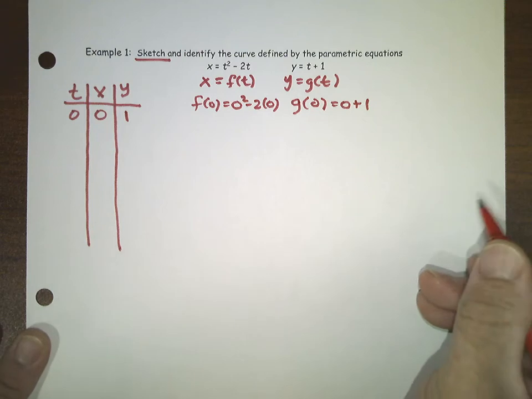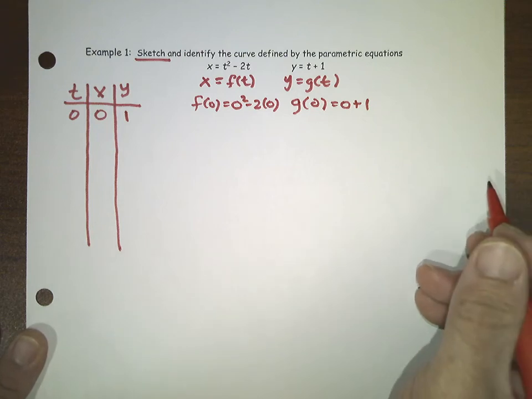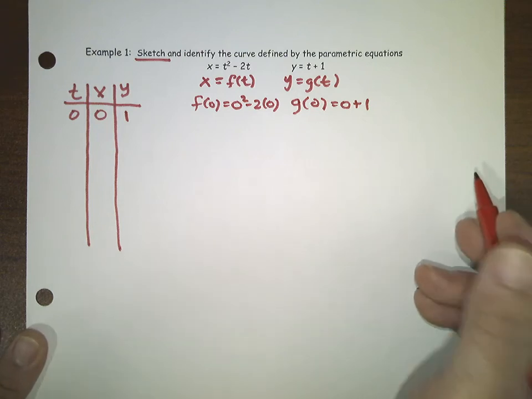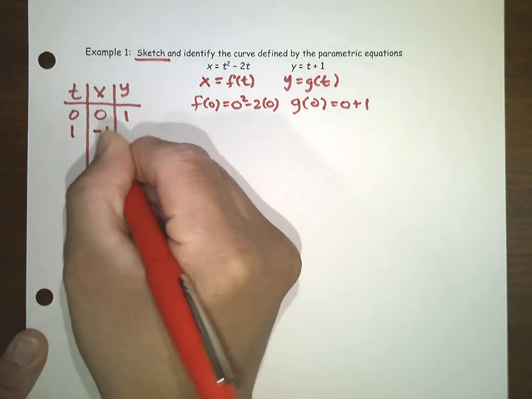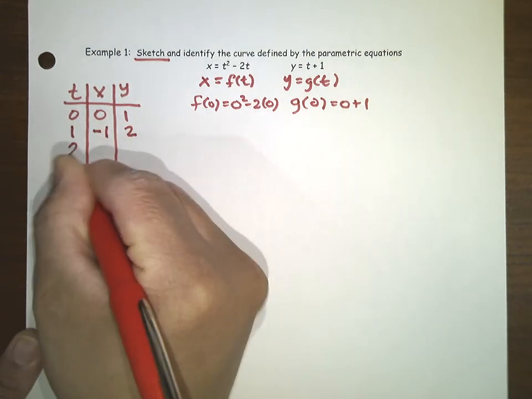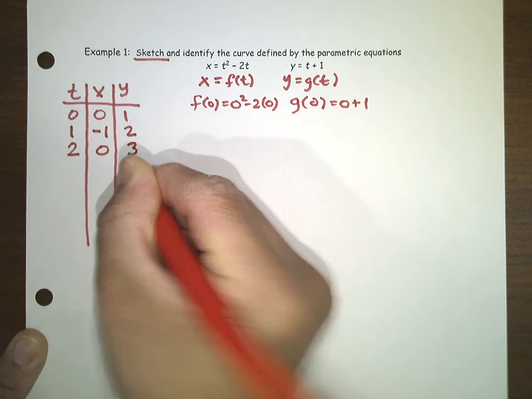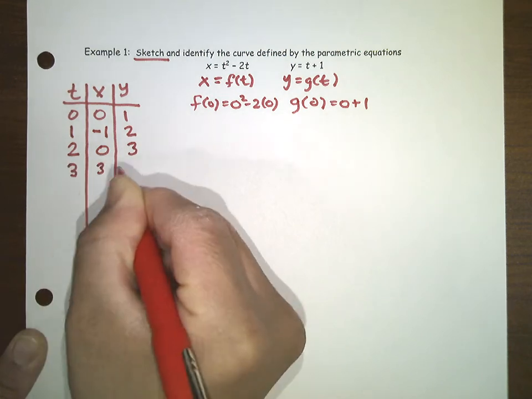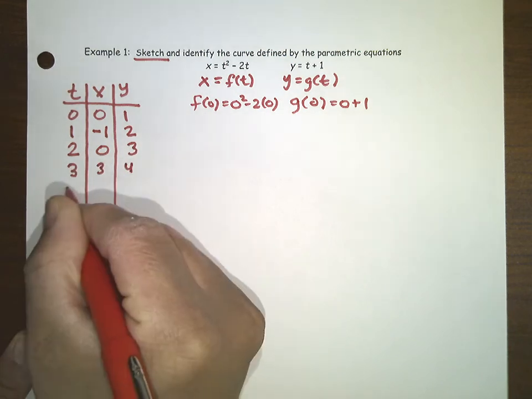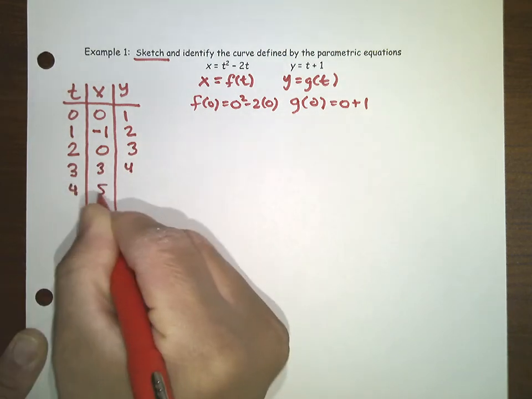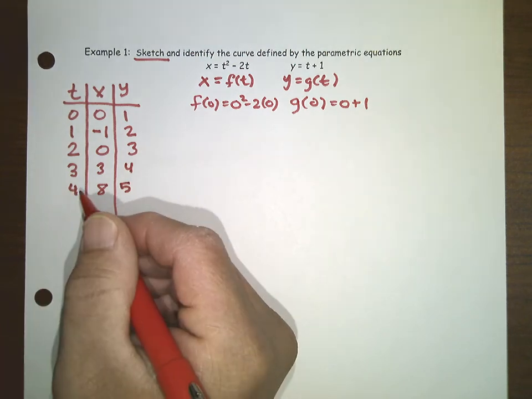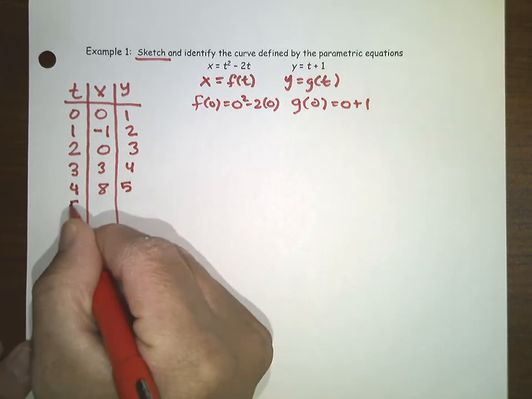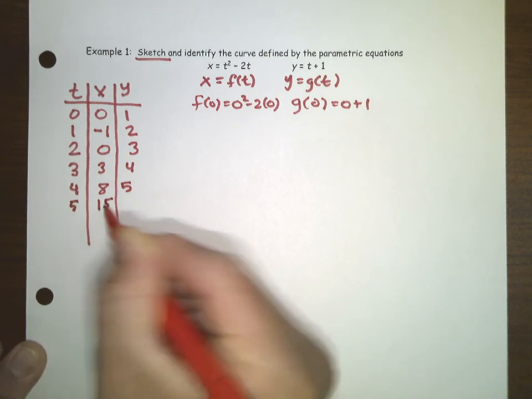I'll quickly show you some other ones that you can verify on your own. If t is 1, you have negative 1, 2. If t is 2, you have 0, 3. If t is 3, you have 3, 4. If t is 4, you have 8, 5. If t is 5, you have 15 and 6.